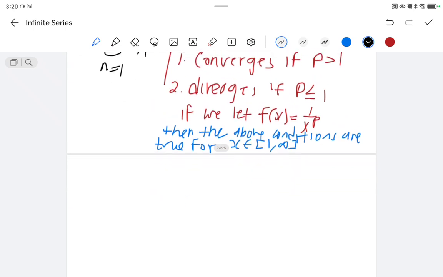If we have the series up until infinity, we can use the p-test here. So the question is, how will I use the p-test? For me to use the p-test here, I'm going to first let f of x be equal to 1 over x.